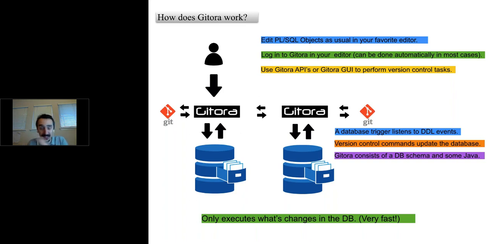So you might, just like Michiel, have 20,000 objects. You might change only 5 of them and want to pull these changes from one database to the other. Only 5 objects will move, not 20,000 objects. So it's really quick. Git is super fast. And we execute these DDL statements as fast as your database is. And people have some really powerful machines.